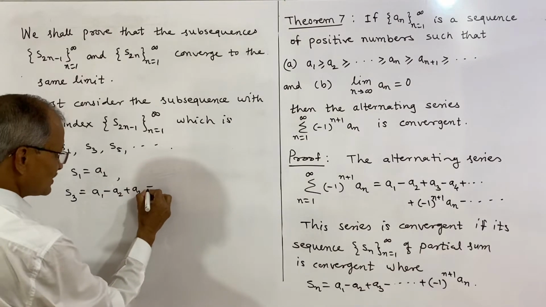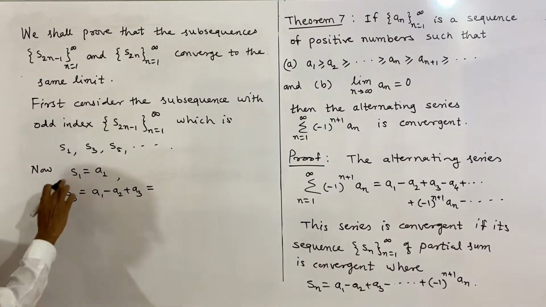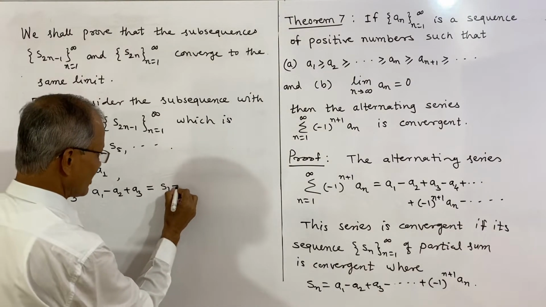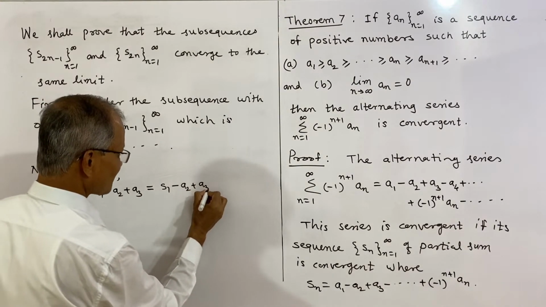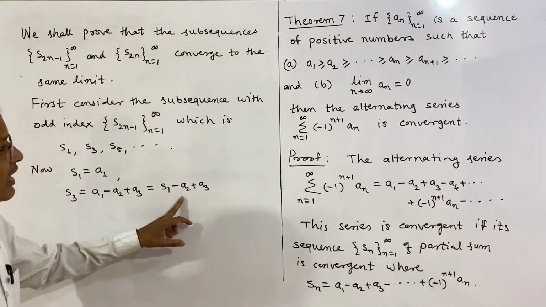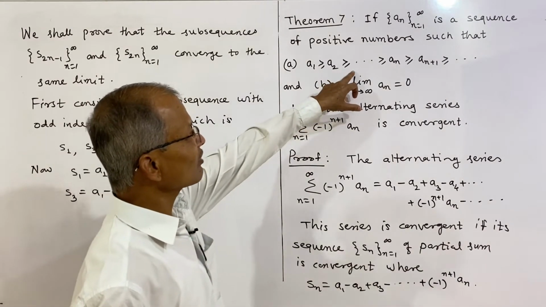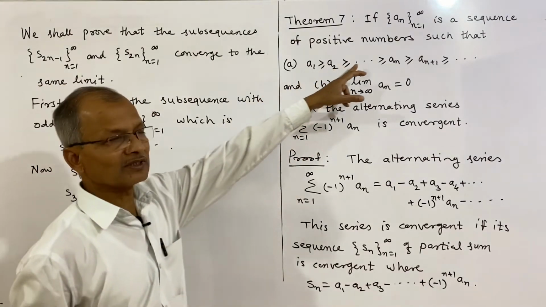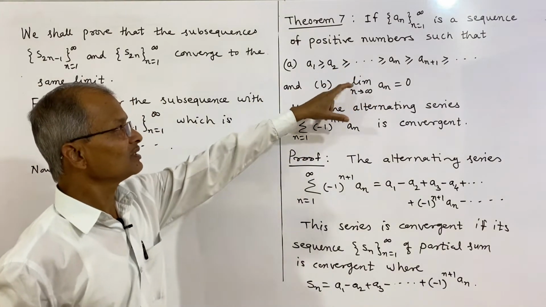And this we can write, a1 is S1, so this is S1 minus a2 plus a3. Now we will compare this with S1. We see a2 is greater than or equal to a3. This is the first condition, and now we will use the conditions in the theorem.